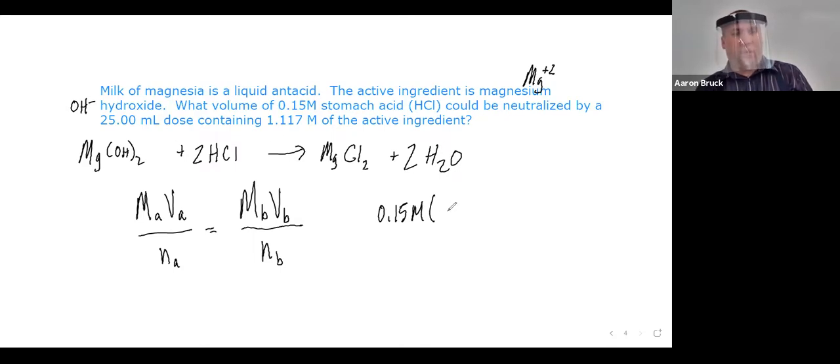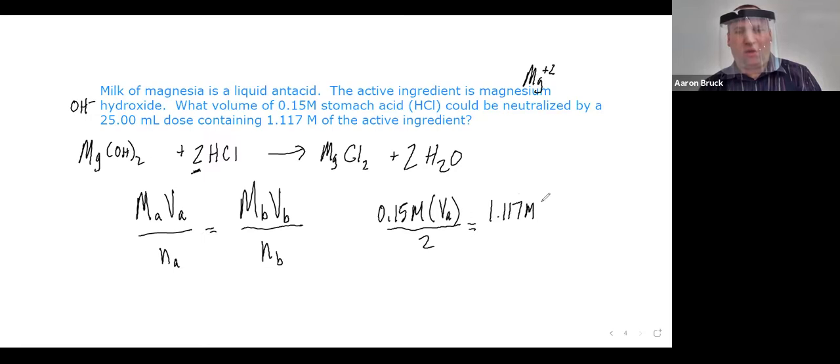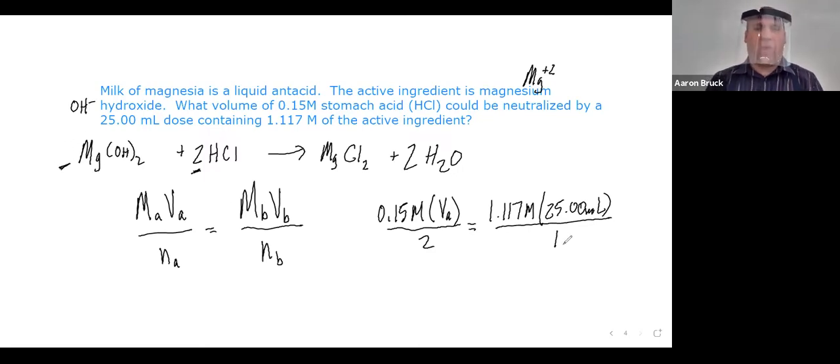The volume is what I'm trying to find out. And the balanced chemical equation gives me a coefficient of 2 for the hydrochloric acid. On the other side, the molarity of the base, 1.117 molar. The volume, 25 milliliters. And the coefficient on the magnesium hydroxide is a 1.